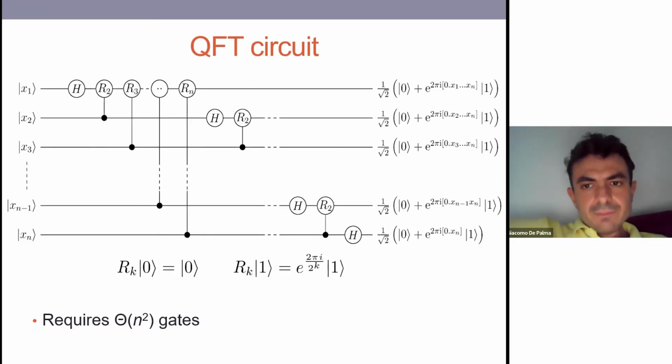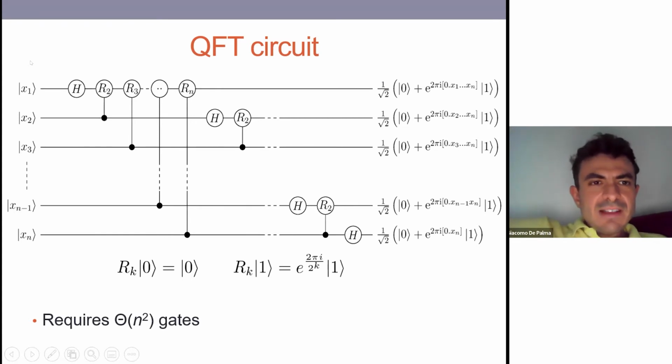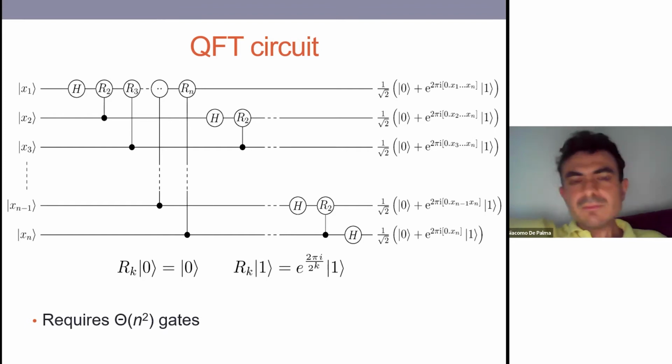Okay, now let's see what the circuit for the quantum Fourier transform is. First, a nice thing about unitary operators is that they are linear, and once you have defined them on a basis, you have defined them everywhere.